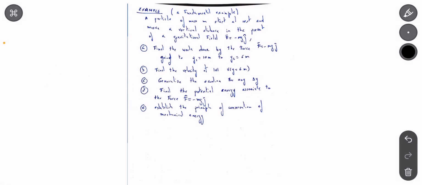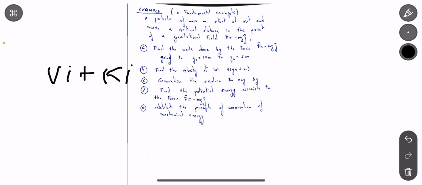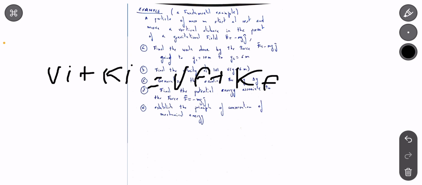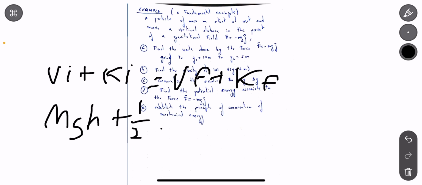Now let's go into the final part of this problem, which is to establish the principle of conservation of mechanical energy. The mechanical energy equation is going to be Vi plus Ki equals Vf plus Kf. And we could break this down into mgh plus 1/2 m vi squared equaling, final being 0, or the initial, I'm sorry, being 0.